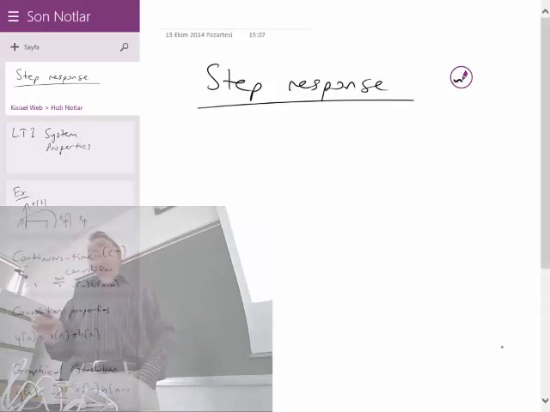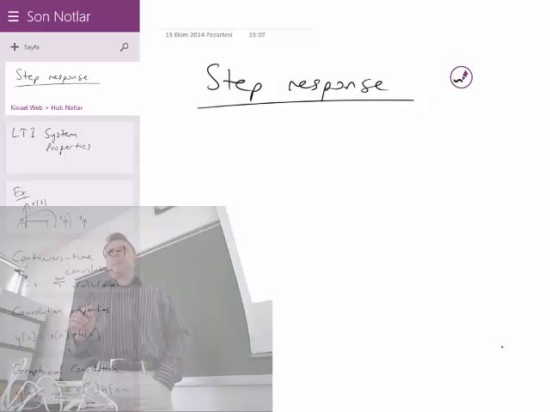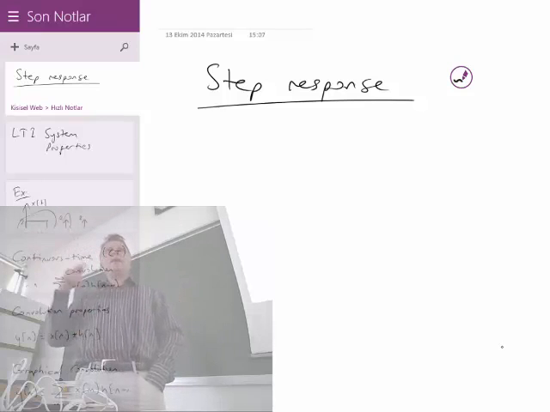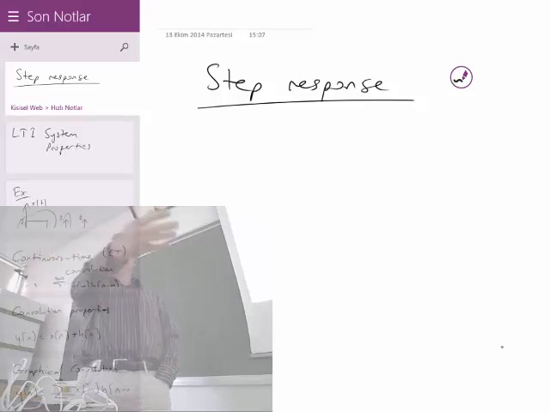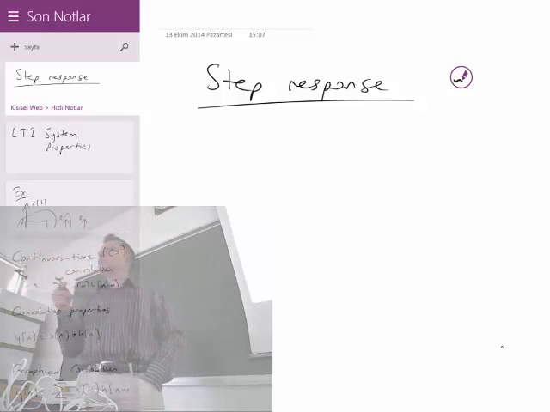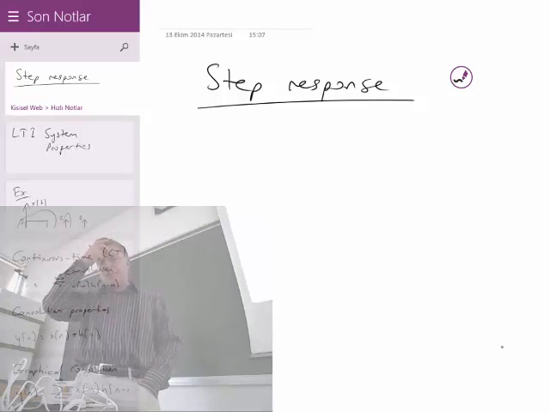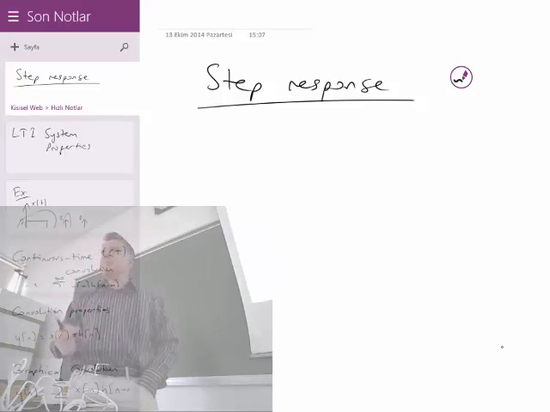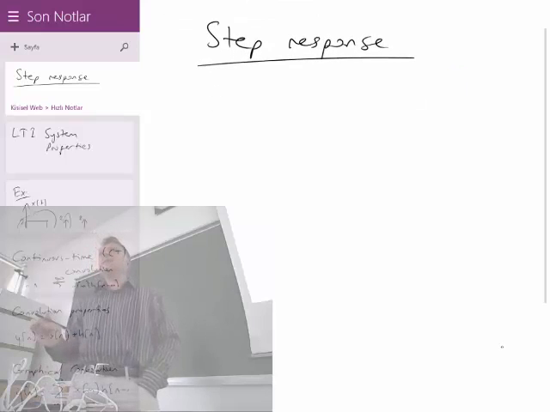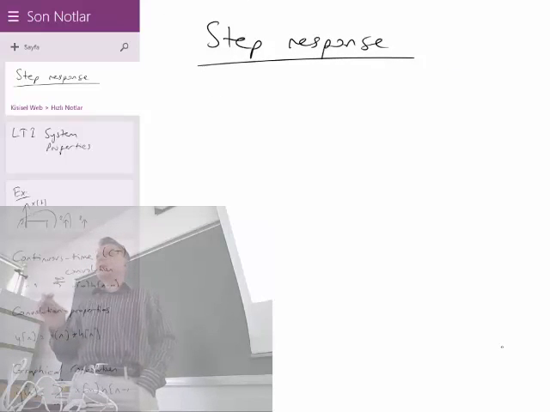So this thing is more manageable. You can make quite a sharp step as the input and see the output, but will it help you to find the impulse response? From the step response, is it possible to find the impulse response? Let's start thinking in discrete time again because it's easier.